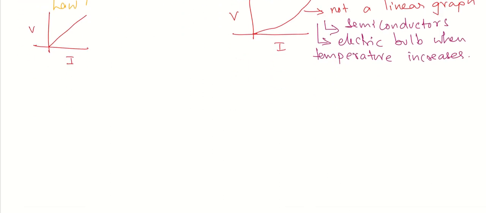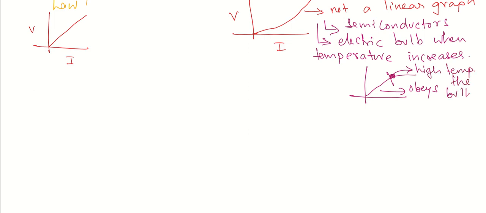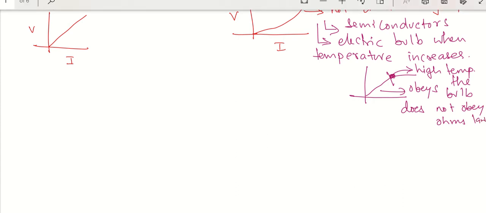So if I have something like, say, a graph, in the beginning it obeys and then it doesn't obey, so till here it obeys, then at very high temperature the bulb does not obey Ohm's law, okay.